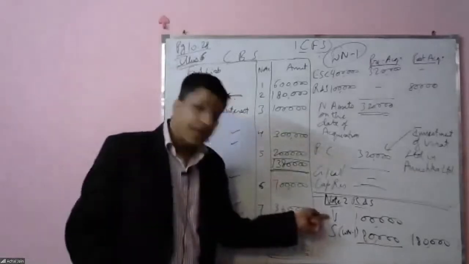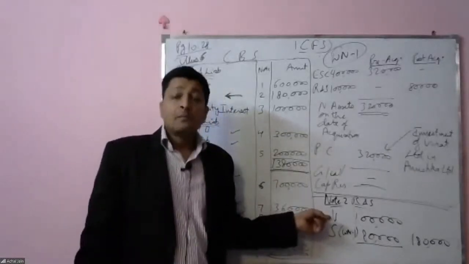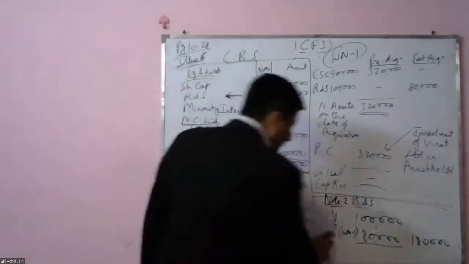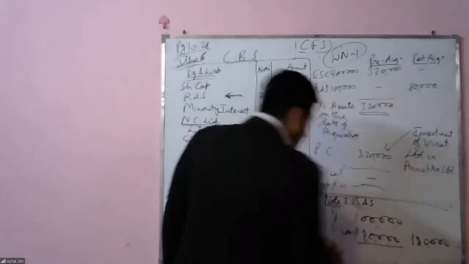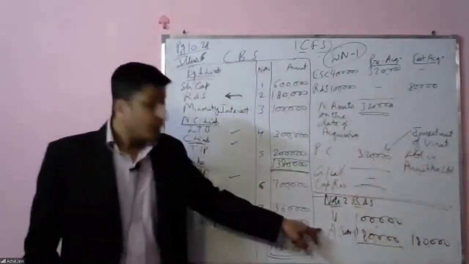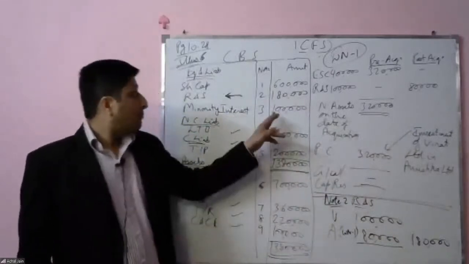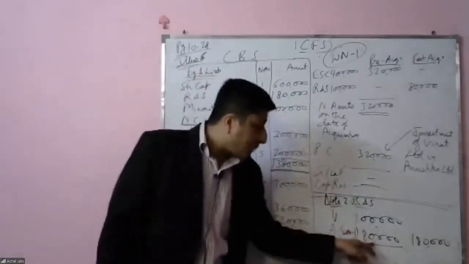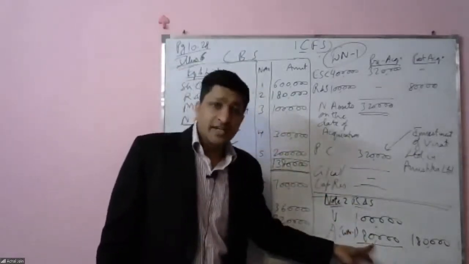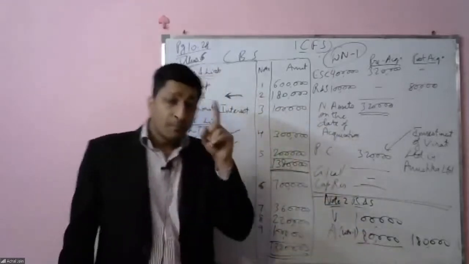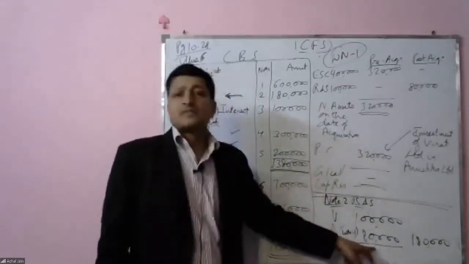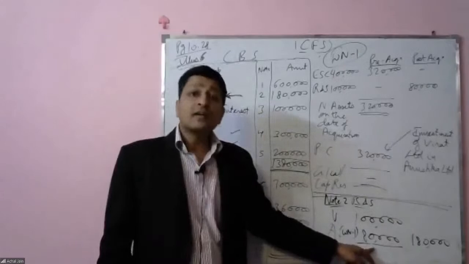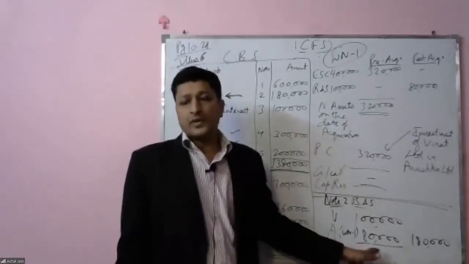Because the reserves of the parent will be picked up as it is, but a part of the reserves of the subsidiary will get allocated to minority interest. That's why only the part of the reserves of the subsidiary which belongs to parent will be taken to reserves and surplus, not the entire amount. Only a part will be taken over here.